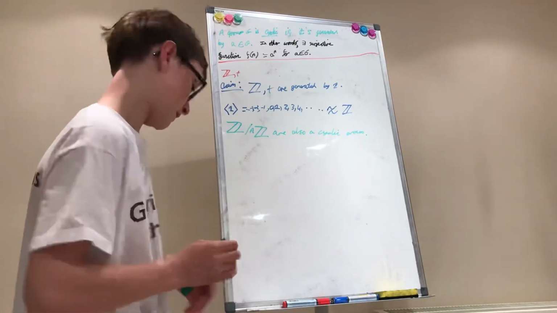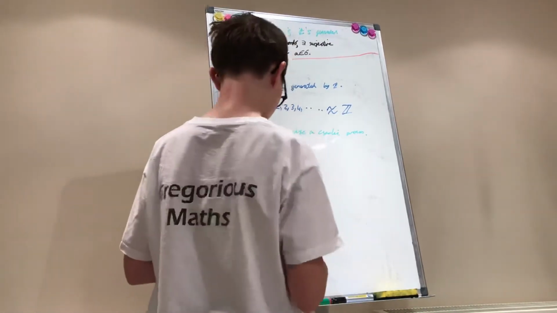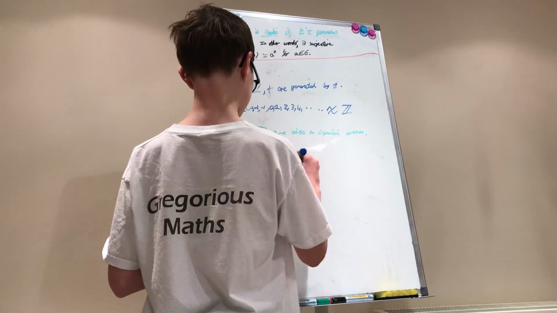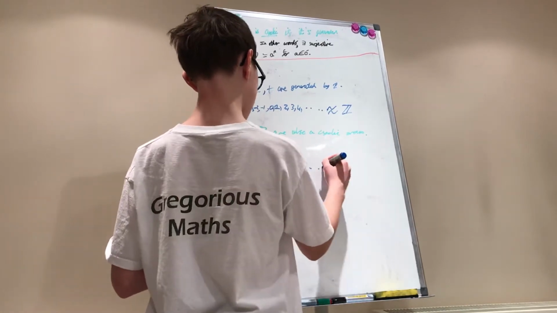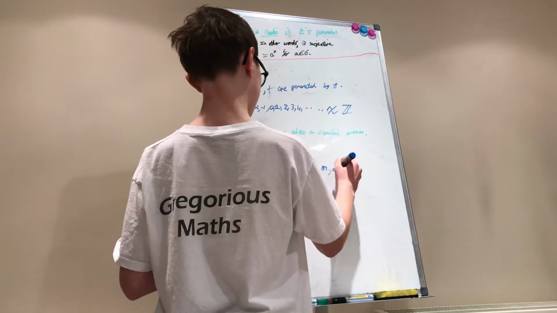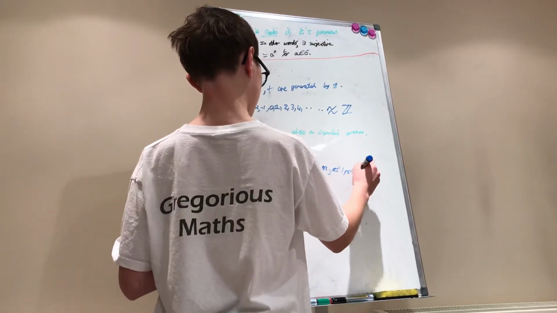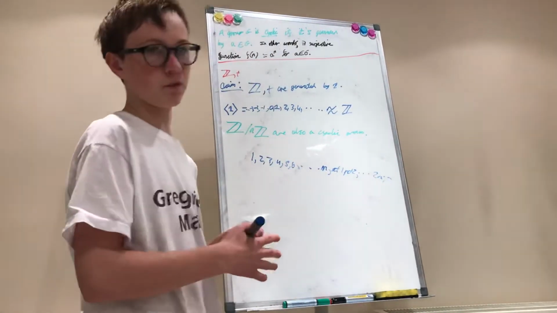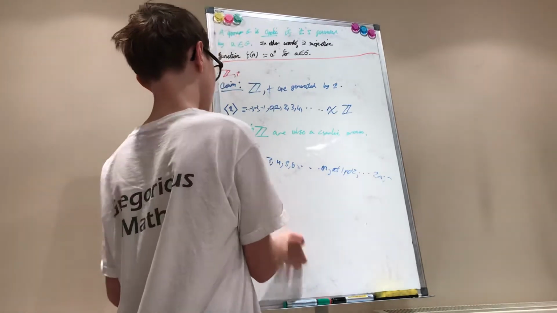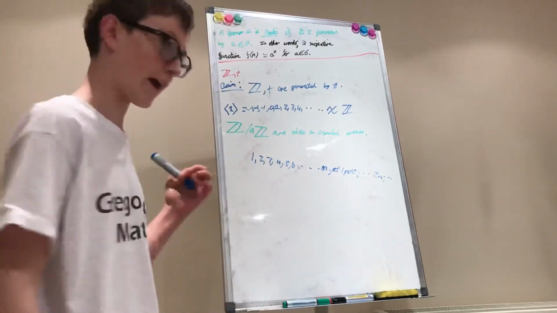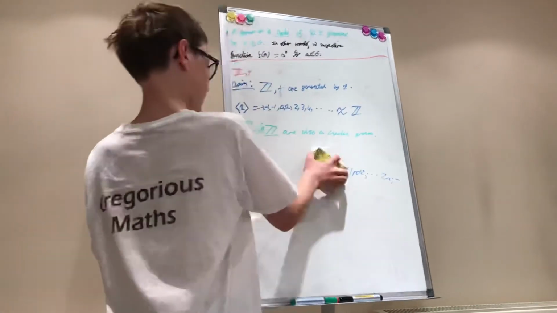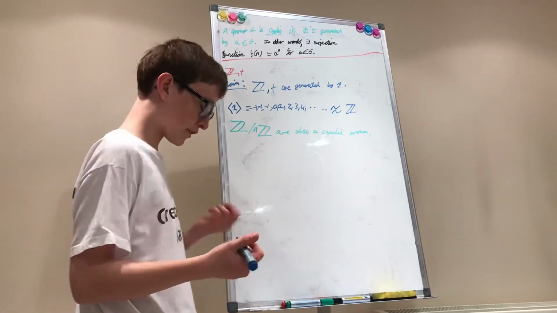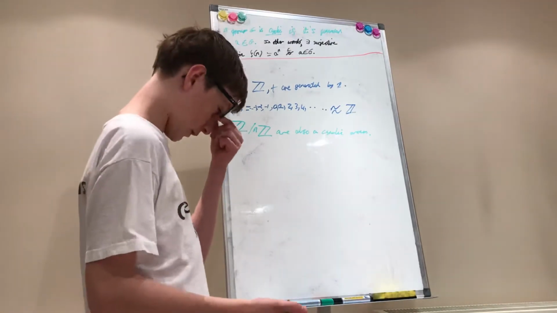Well, the reason is, again, if we look at the multiples of 1, we have 1, 2, 3, 4, 5, 6, and so on, till n. Then we have n plus 1, n plus 2, and so on, all the way up to 2n, and we can keep going. And the same for the negatives. We have negative 2, 3, 4, 5, 6, all the way up to negative n. And then we have negative n minus 1, and so on. So it's still generated by 1.